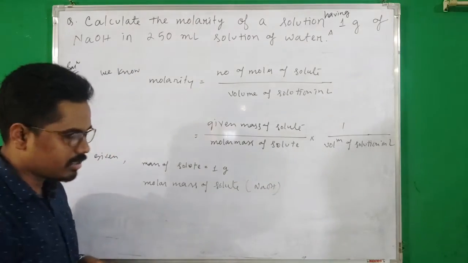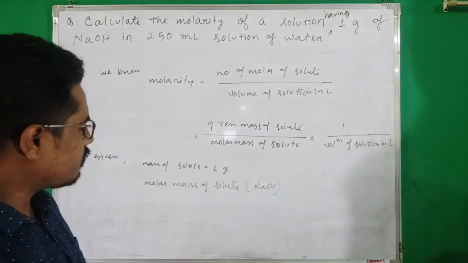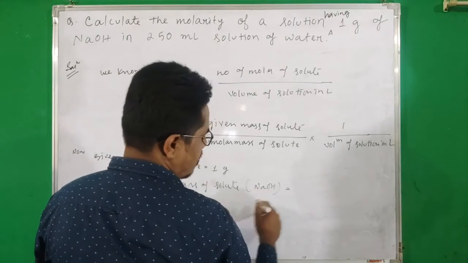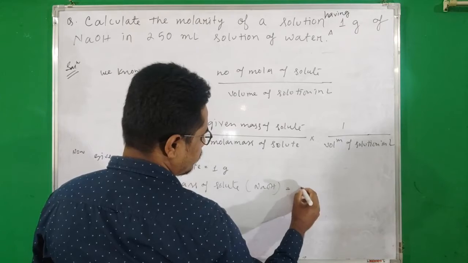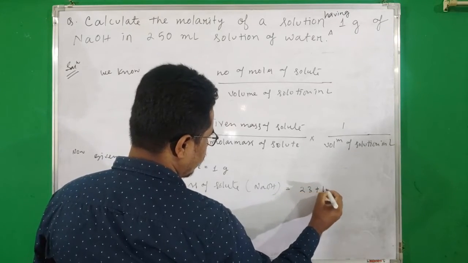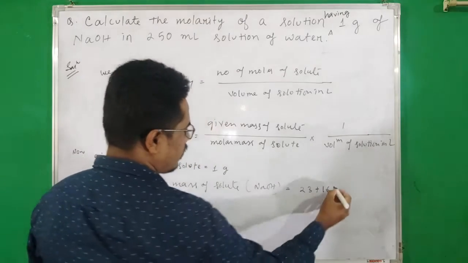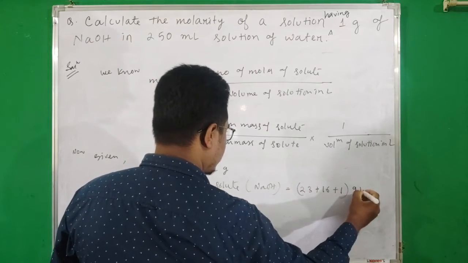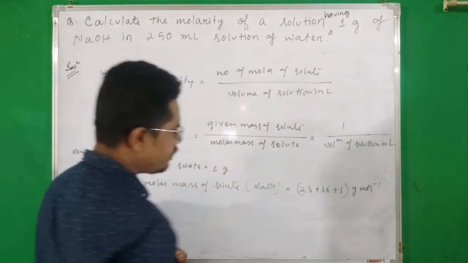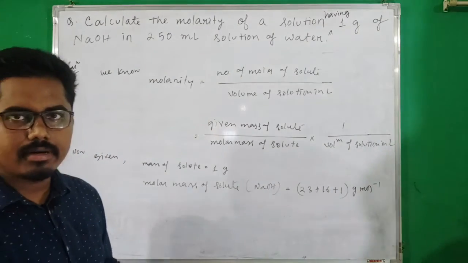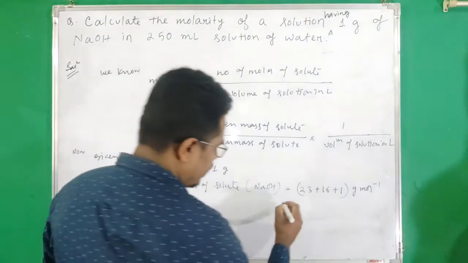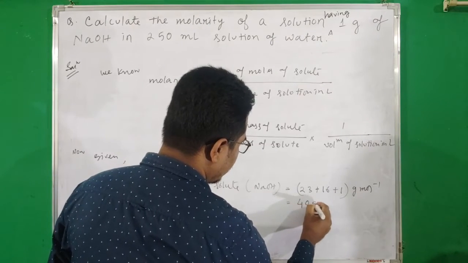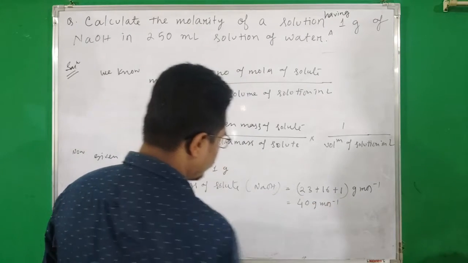Here sodium hydroxide is the solute and water is the solvent. Molar mass of sodium hydroxide equals atomic mass of sodium, 23, plus atomic mass of oxygen, 16, plus atomic mass of hydrogen, that is 1. We are considering molar mass, therefore the unit is gram per mole. If you add them, the result is 40 gram per mole.